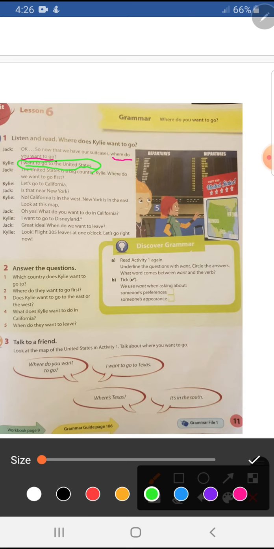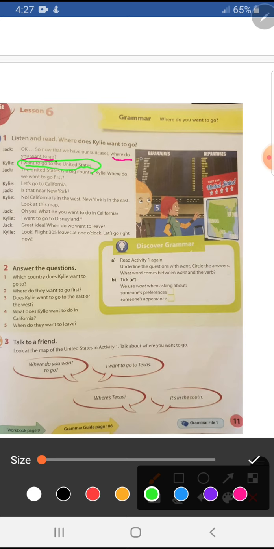So we have another example. Where do you want to go first? We have a WH question, we have the verb want, and we answer with want plus to plus the verb in infinitive form. So this is your homework for today. You have to underline the questions with want and circle the answers like this.